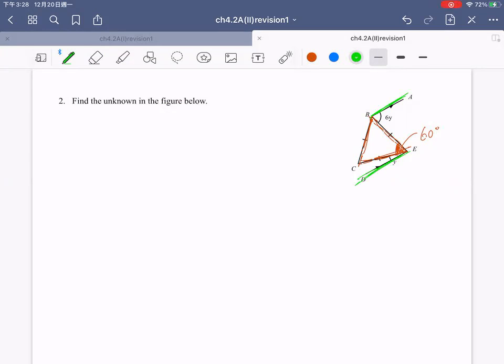Then first of all we state that BC is BE is CE, given. Then we can state angle BCE is 60 degrees, property of equilateral triangle.